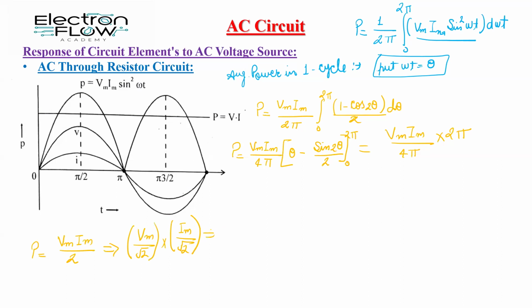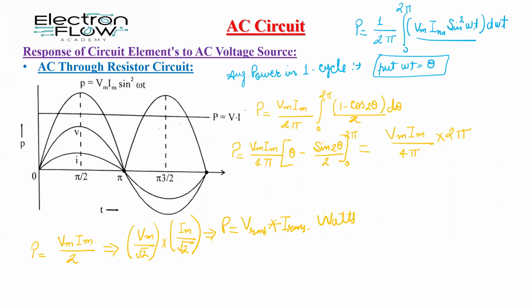So indirectly I can say that the power, in the case of the resistive circuit, is the multiplication of RMS voltage with the RMS current, which is in watts. Here V is the RMS value and I is the RMS value of the current.